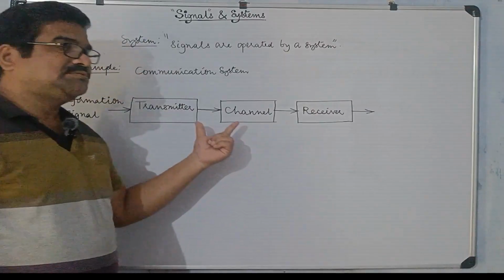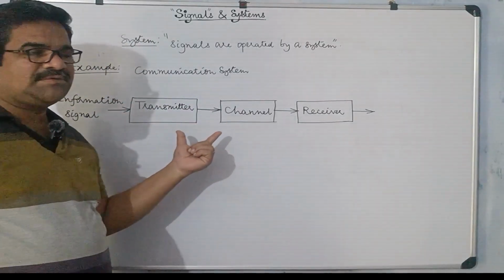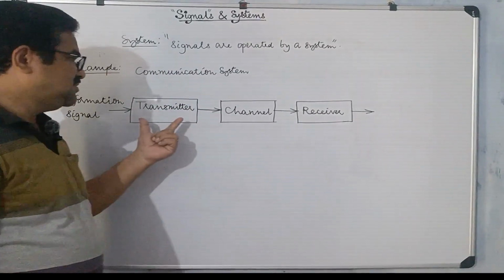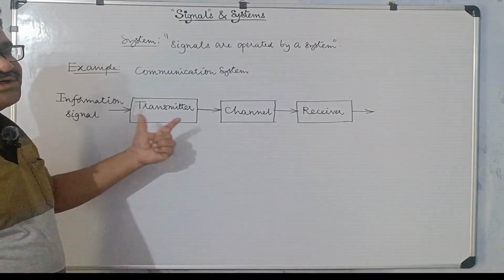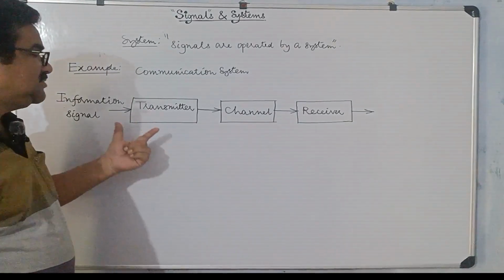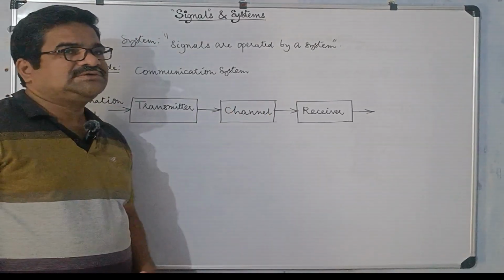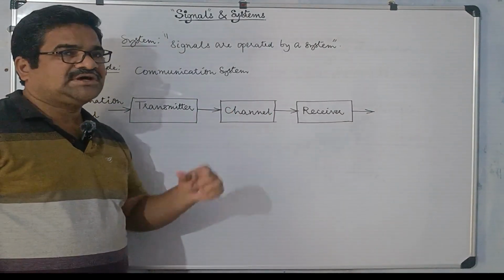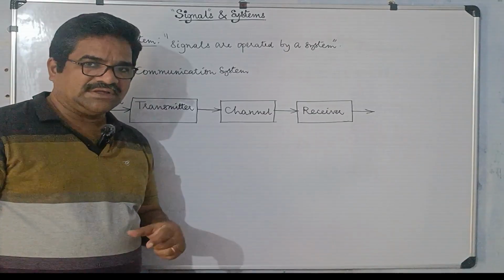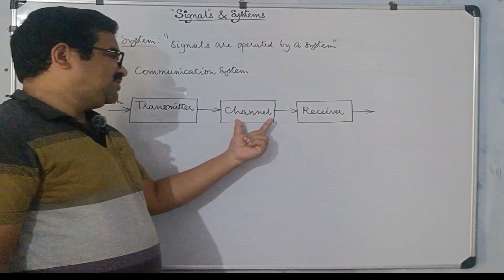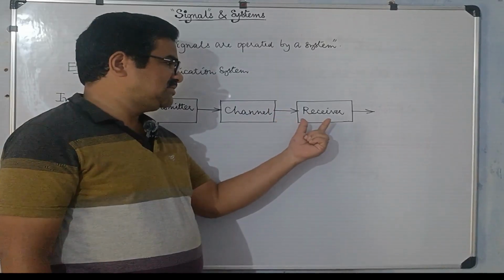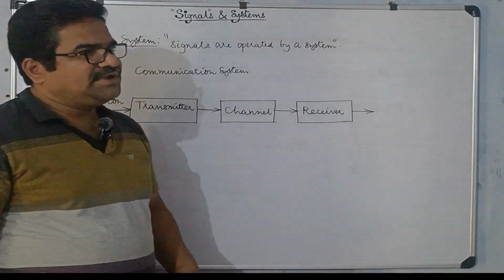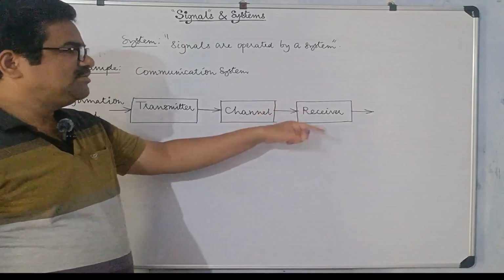Sometimes if it is an OFC, that is optical fiber communication, at the transmitting end the signal is converted into light pulses. So the light is being transmitted through the channel. In that case, the channel is an optical fiber cable. From the channel, the signal is reaching the receiver, and at the receiving end, it is demodulating.